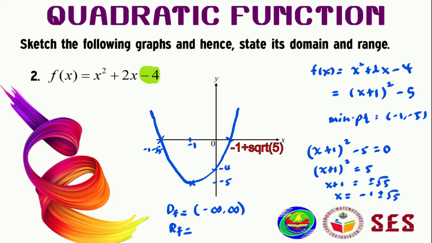The minimum point is at -5, which means our lowest point where the graph can reach starts from -5. Therefore the range is closed bracket -5 up to positive infinity open bracket.